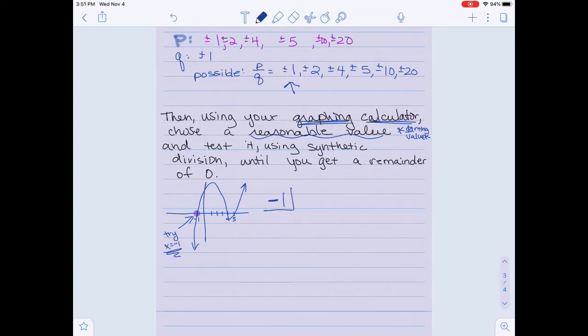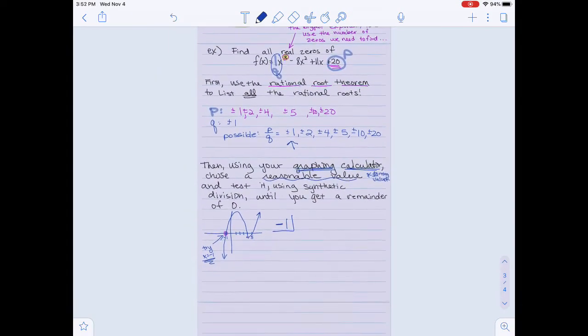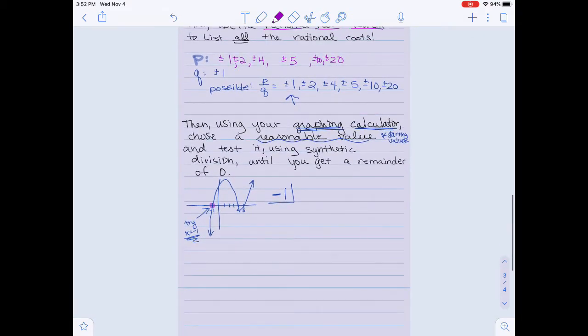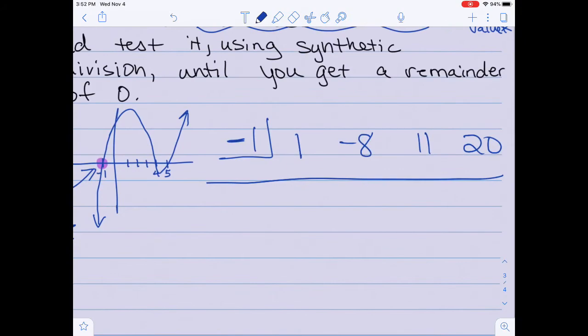I'm going to plug in -1 here, and looking at the coefficients of my function, it's 1, -8, 11, and 20, going in descending order with no missing terms. We write those coefficients down, leave a space, and now we use synthetic division to see if this is a 0. So again, bring down the 1.